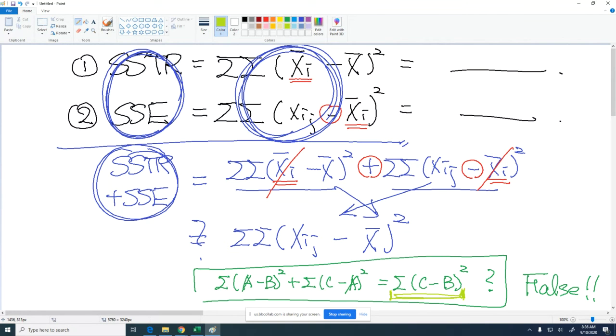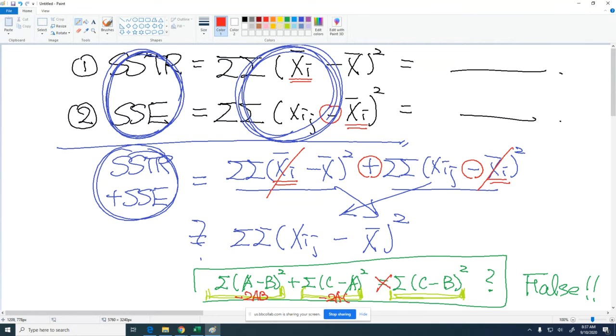When you expand, you get a negative 2ab and a negative 2ac in the middle terms, and they never cancel out. So no, it is not true.